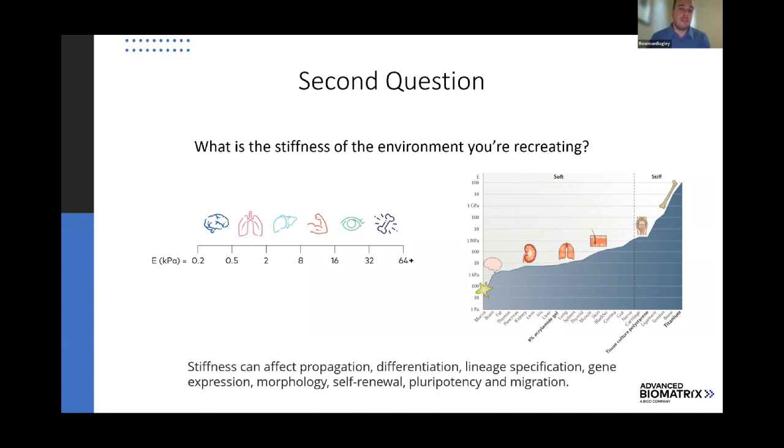There have been hundreds or thousands of publications now showing how subtle changes in the stiffness of that environment can drastically change the viability or health or just even morphology of your cells. And so we're focusing on, okay, how do we tailor both the extracellular matrix environment and then the actual kind of macro stiffness of that environment?